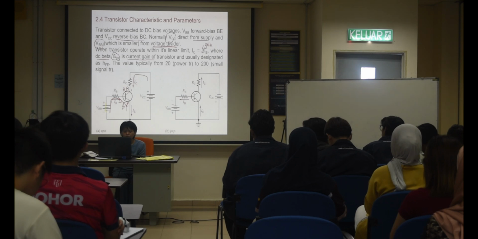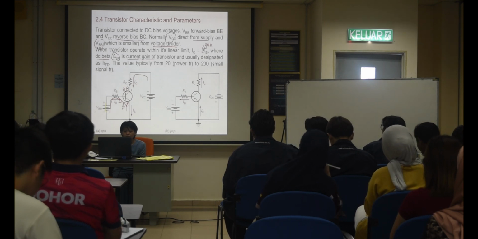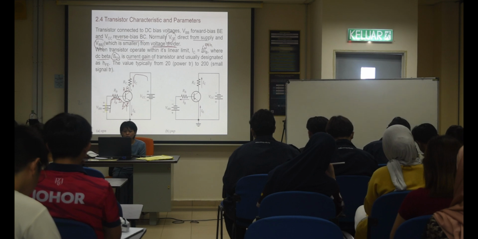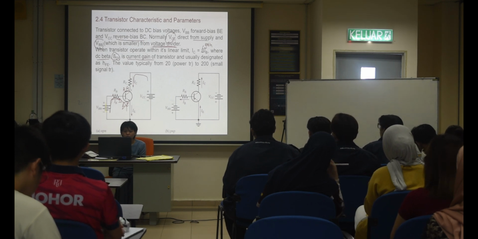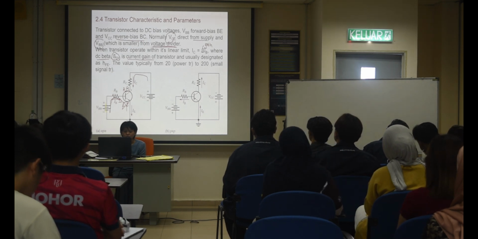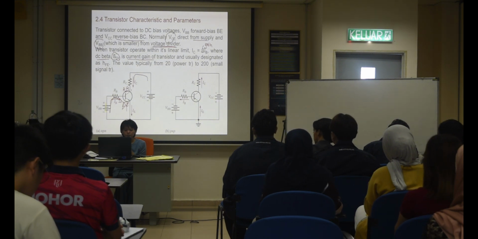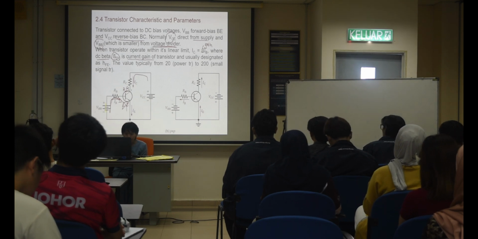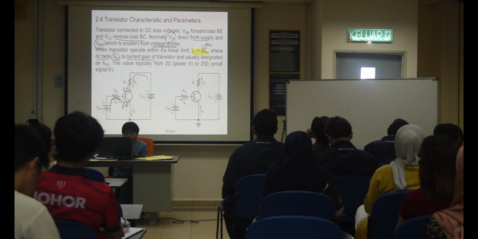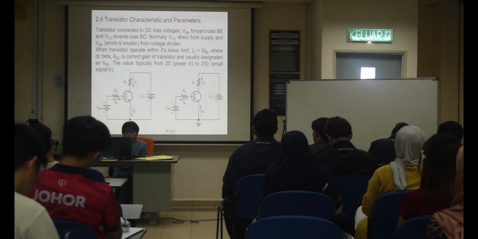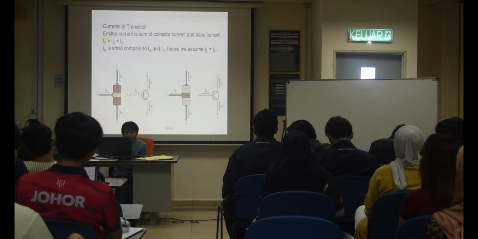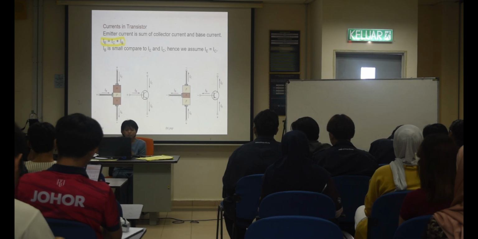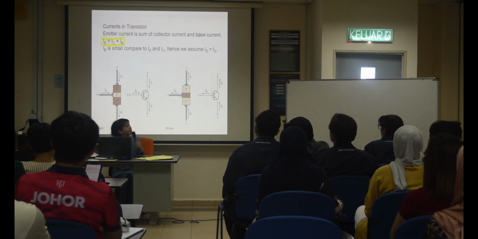And the typical value is 20 to 200 for small signal transmission. This one is the value for the signal. So we seldom use this one. You remember this formula. This formula is very important. This formula you memorize. You must memorize this formula and also this formula. These two. Memorize.